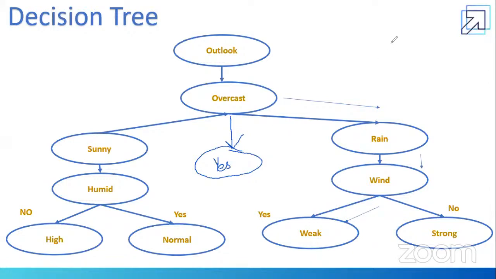Now I am giving you one example. If the outlook is sunny, humidity is normal, and wind is strong, can the child go out to play?